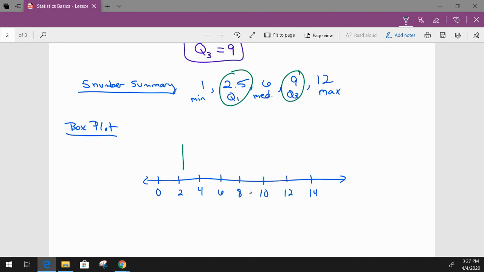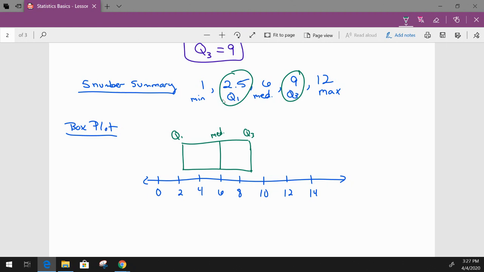The 9 is halfway between 8 and 10, so up here, fill in the box. All right, so that's the box that goes between Q1 and Q3. Then you draw a vertical line in the center representing your median. So this is our median at 6.